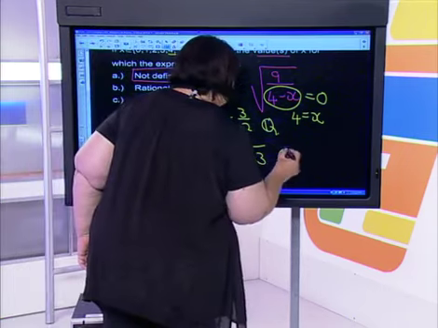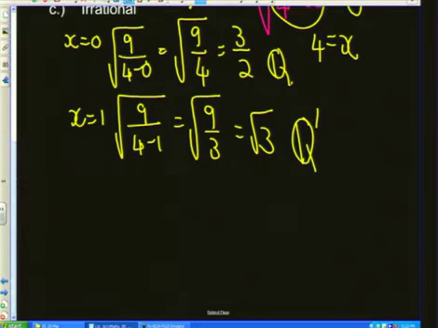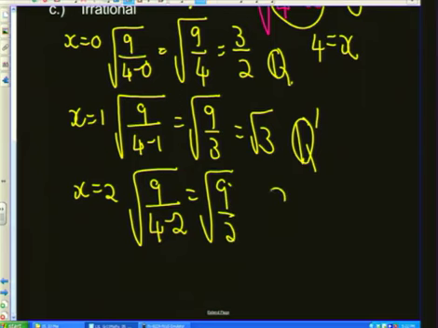So what I can do now is I can do this, not q. Right, let's look at the next value for x. X equals 2. And now it becomes the square root of 9 over 4 minus 2, which is the square root of 9 over 2. Problem, the 9 is a perfect square, but the 2 is not. So we have again an irrational answer. Right, the next one.